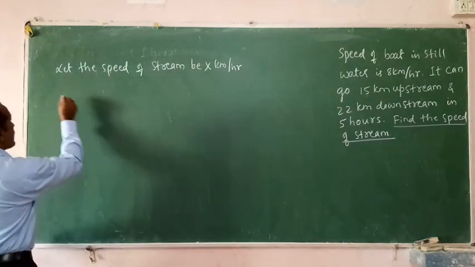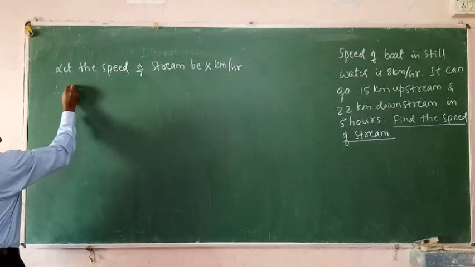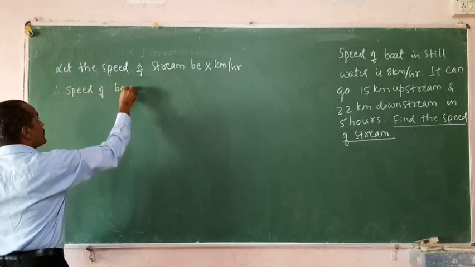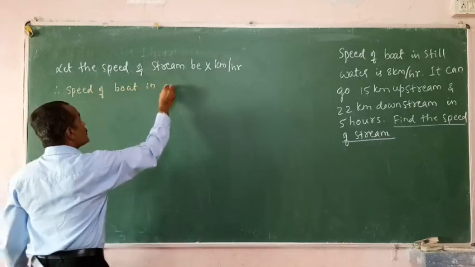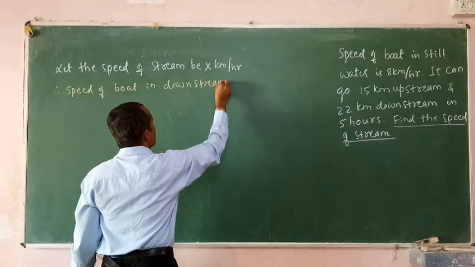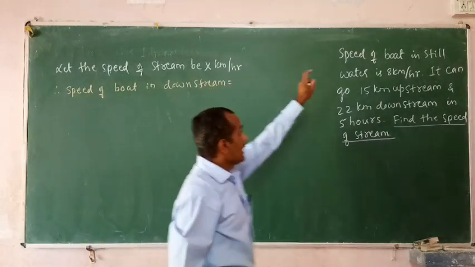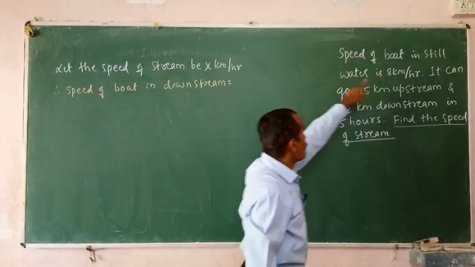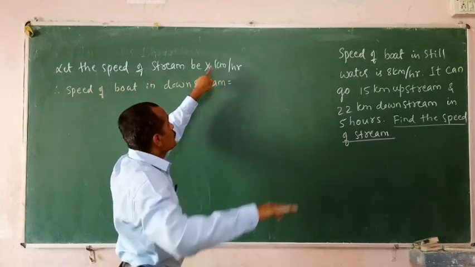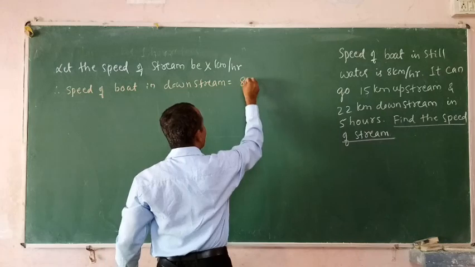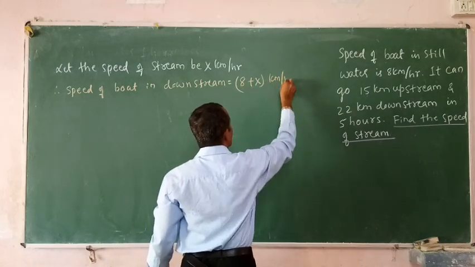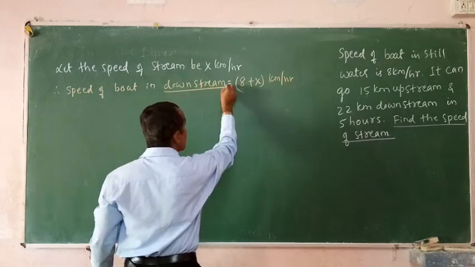Therefore, speed of the boat in downstream. Downstream means both are in the same direction. 8 km is the speed of the boat, x kilometer is the speed of the water. Together it is 8 plus x kilometer per hour.